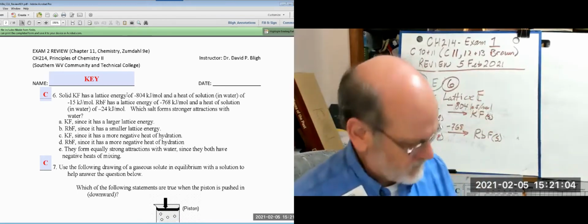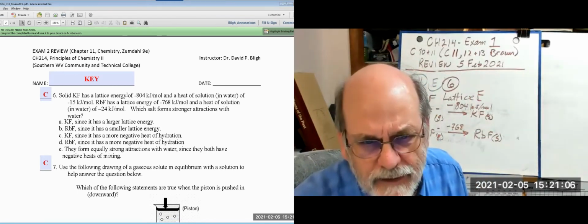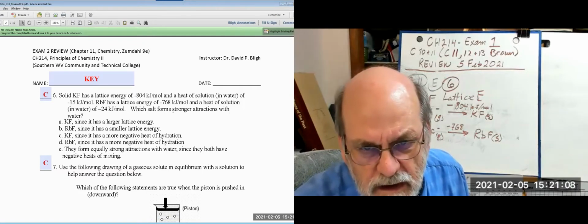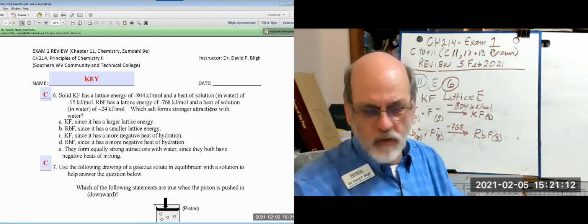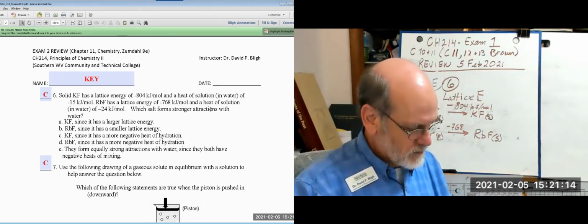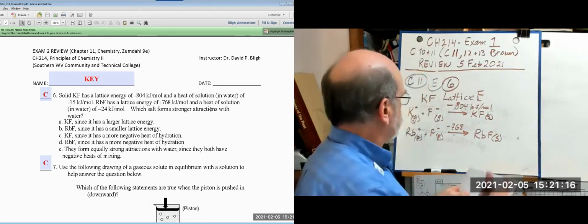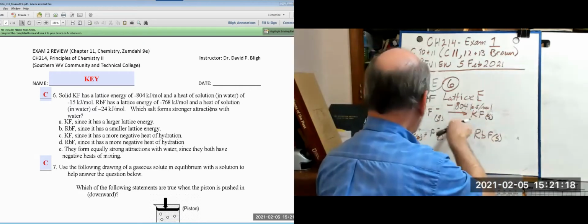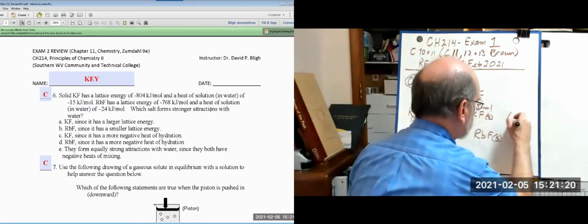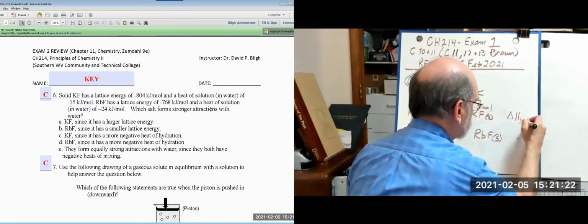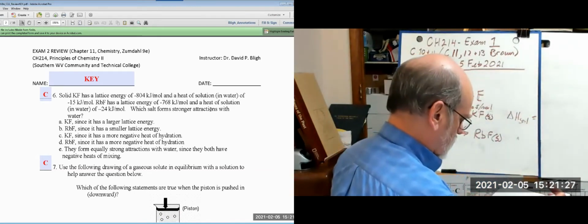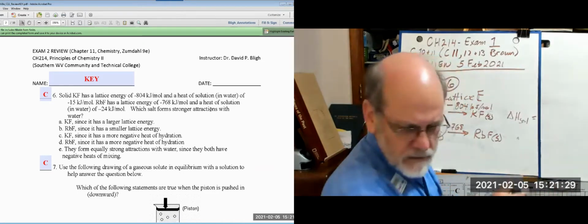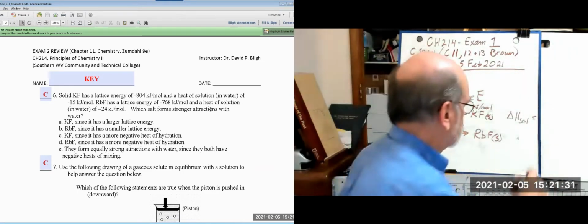What else are we given? Let's see. We're given the heat of solution. So this is the overall value. The heat of solution for this one, see here, delta H of solution is equal to minus 15.